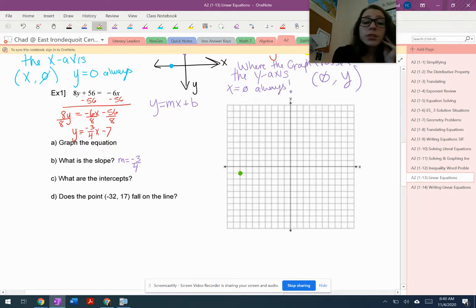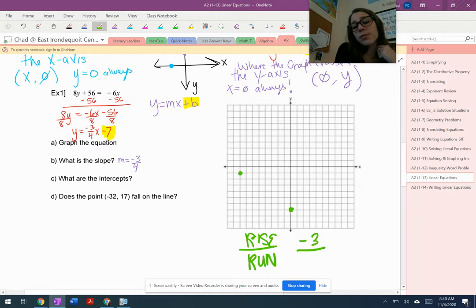If I'm using the equation, that y-intercept, that b value, is telling me that I start at a negative 7. So down 1, 2, 3, 4, 5, 6, 7, because I'm on the y-axis, because that's a y-intercept. And then my slope is a rise over run.